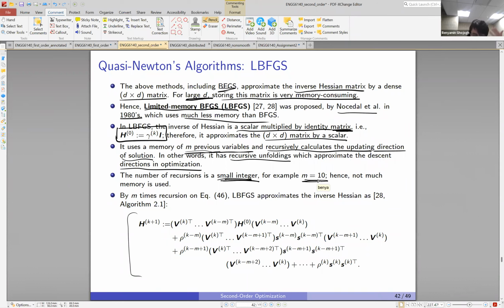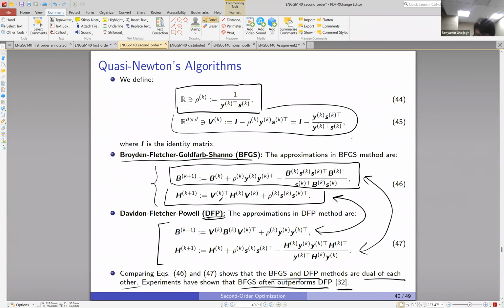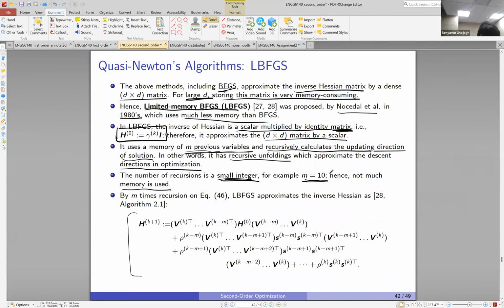But they usually use a small number of recursions, so they don't have the problem of stack memory. So not much memory is used. By m times recursion on equation 46, what is 46? We have BFGS. So that's why it's limited memory BFGS. They are having recursion on this equation of BFGS, but m times, okay?